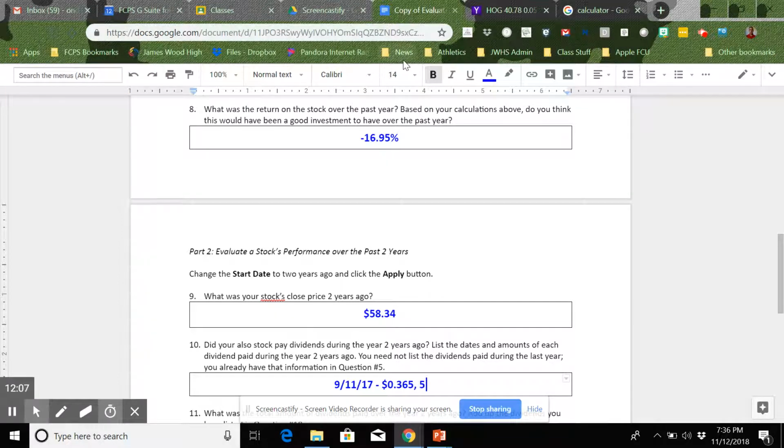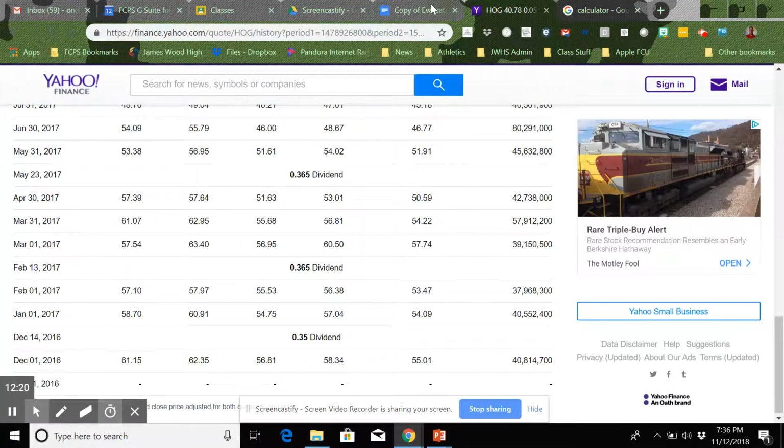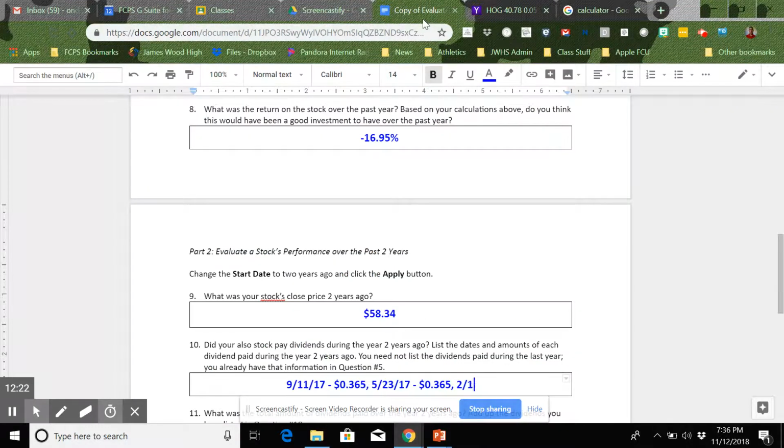So 5/23/17. And that was for 0.365. Then we had a third one on February 13th, 2017, of that same 36.5 cents, 0.365.